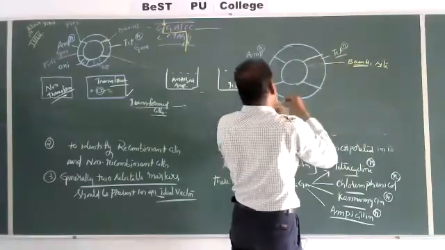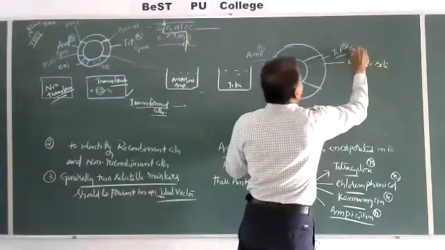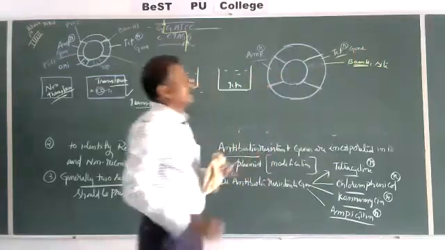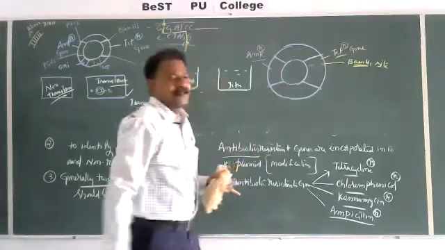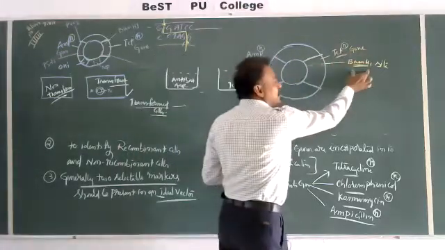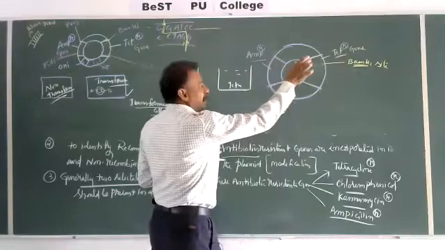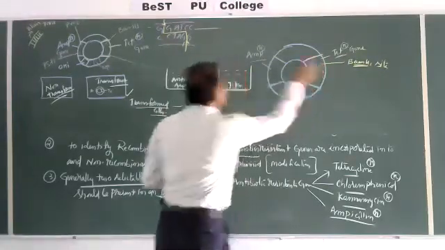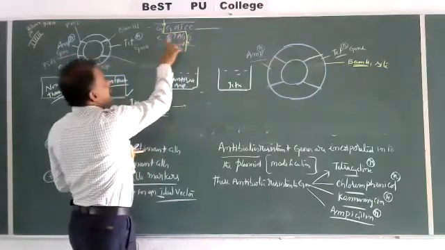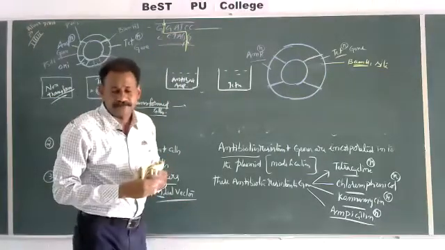In the tetracycline resistant gene. BamH1 is a restriction endonuclease enzyme which acts on specific sequences, the ones I have given here, GGATCC.